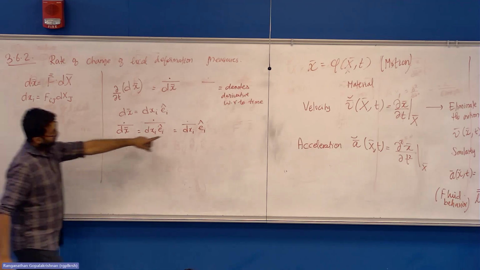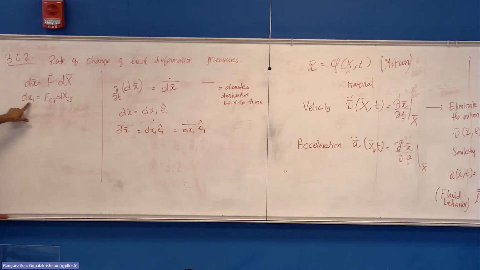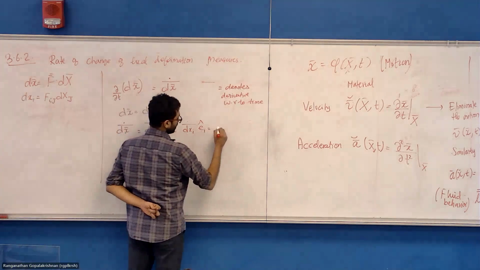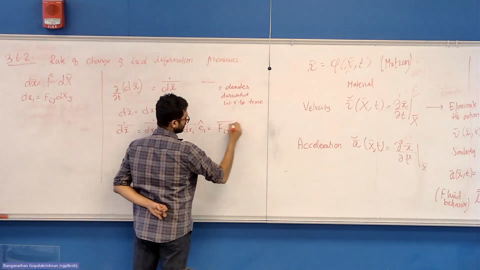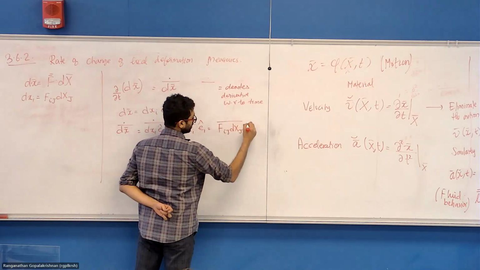And what is dxi? At least we know that through the deformation tensor, that would be Fij dxj dot ei cap.